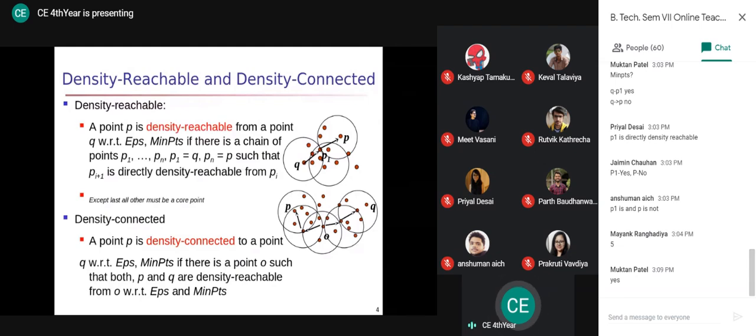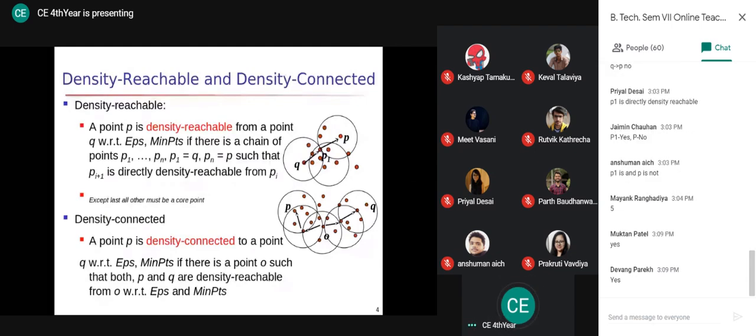The answer is yes, P is density reachable from Q. The path shown over here might not be clear, that Q, P1 to P. If you just consider that particular path, you cannot say that's density reachable.